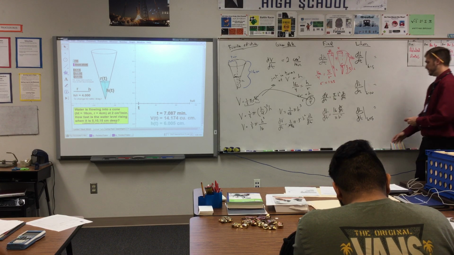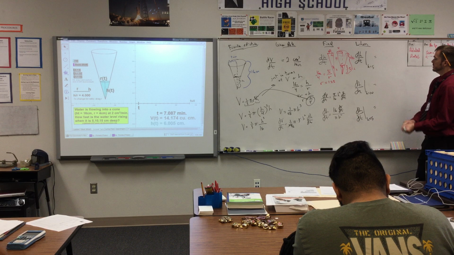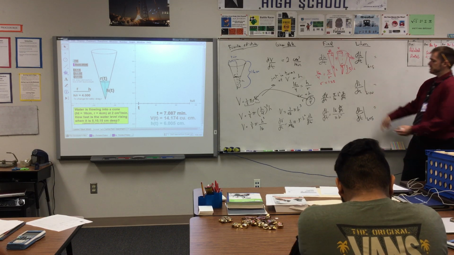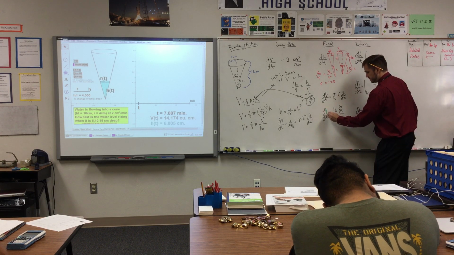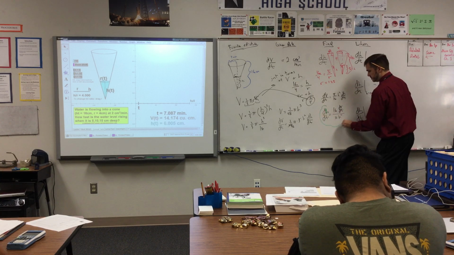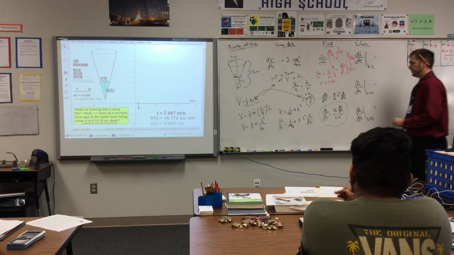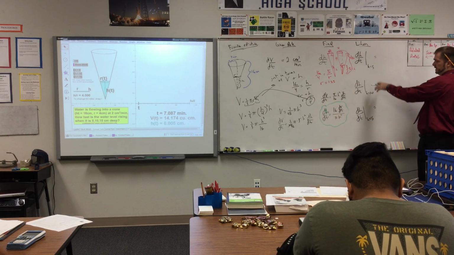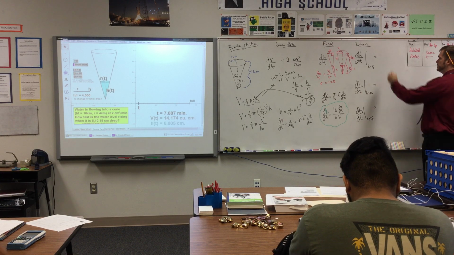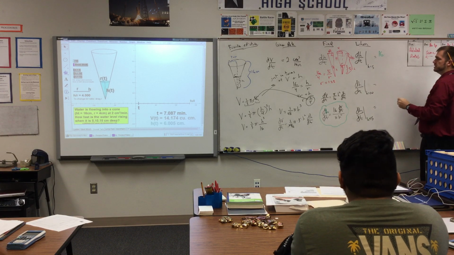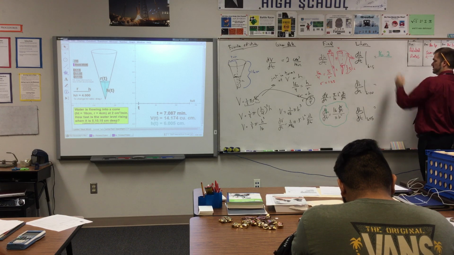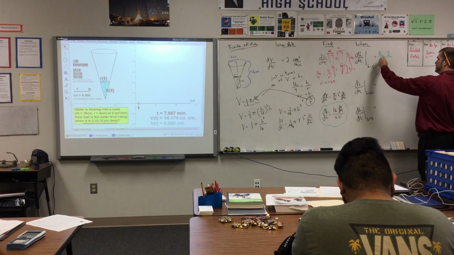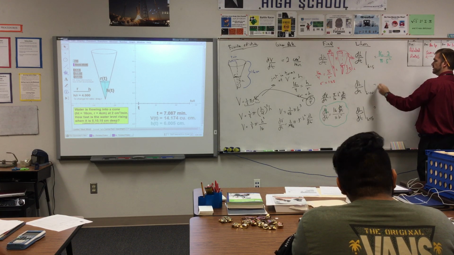All right, let's see if we're right. So dh over dt, this is our formula. I'll now apply it to our 3 different situations. 16 times 2 divided by pi times 5 squared.